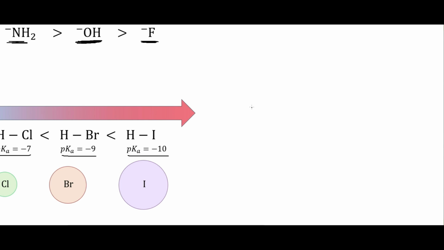So if we think about it like this, we have our fluorine here. This is an electron shell, and it contains these negative charges in it. Then we get to iodine, and it's this much larger shell, and it's going to have these negative charges in it. Well, negative charges are trying to repel each other.